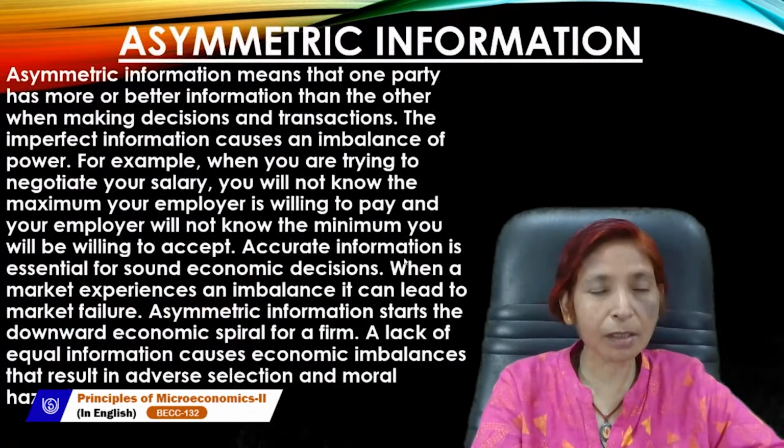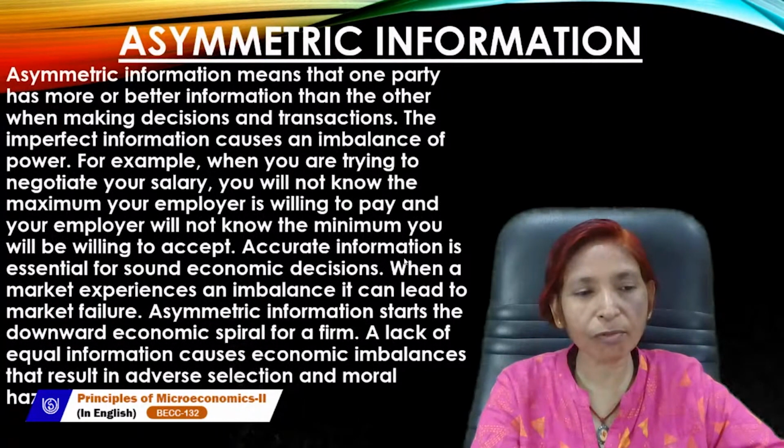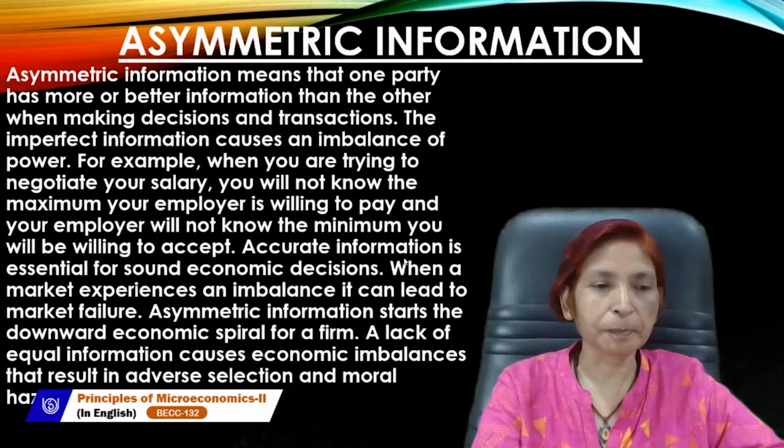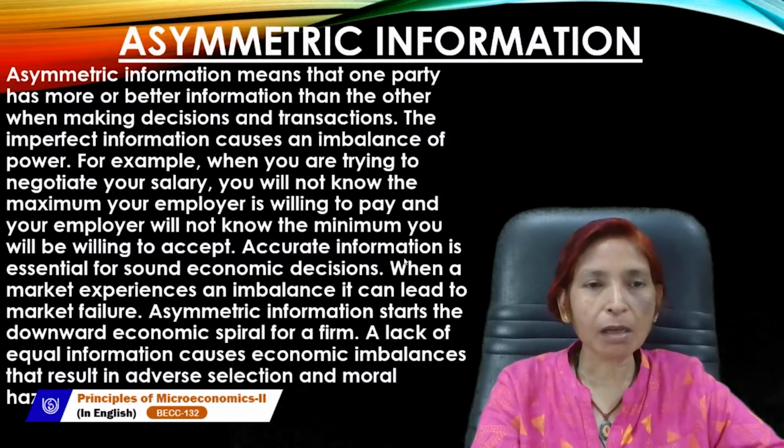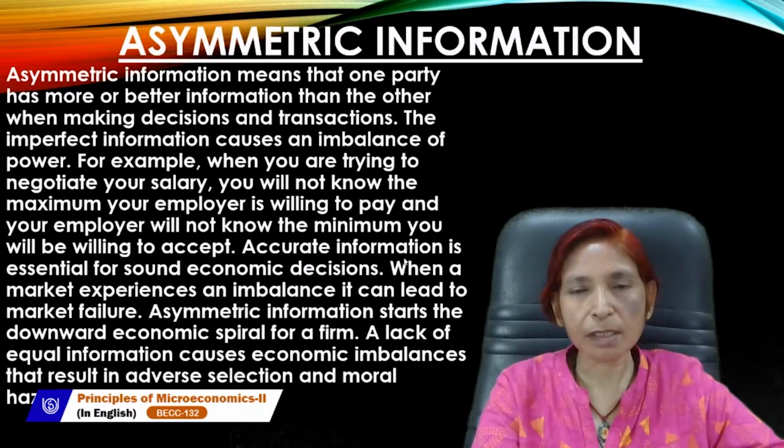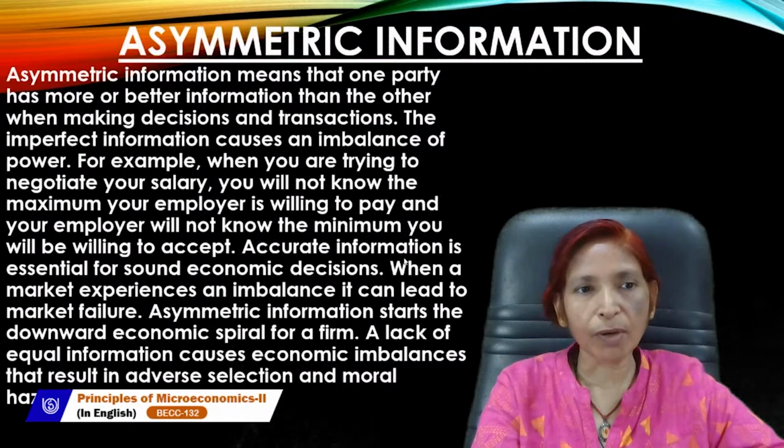Next is asymmetric information, which is also a cause of market failure. What is asymmetric information? Asymmetric information means incomplete information. If incomplete information exists in the market, then the market will fail. Asymmetric information means that one party has more information than the other when making decisions and transactions.